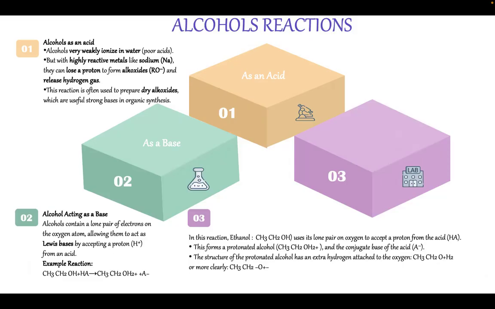This forms a protonated alcohol and the conjugate base of the acid, A minus, and the structure of the protonated alcohol has an extra hydrogen attached to the oxygen. This is the end product, CH3CH2OH2 positive, or more clearly, CH3CH2 dash OH2 positive.